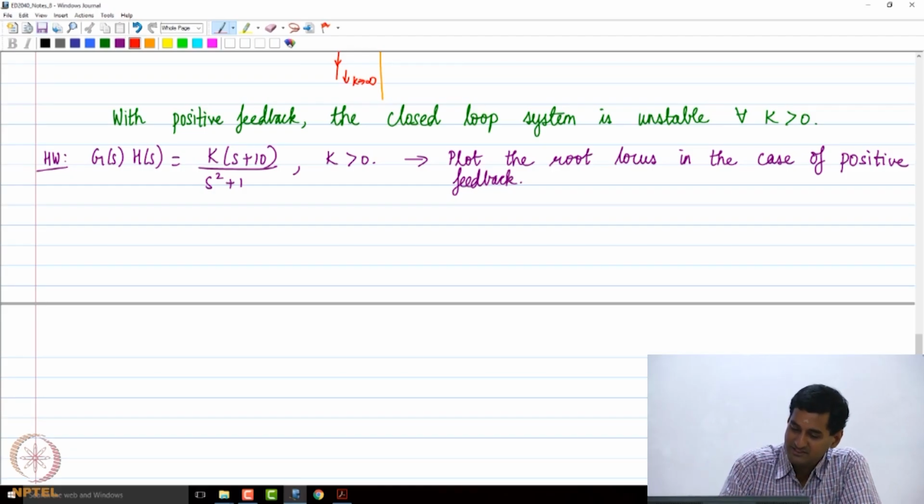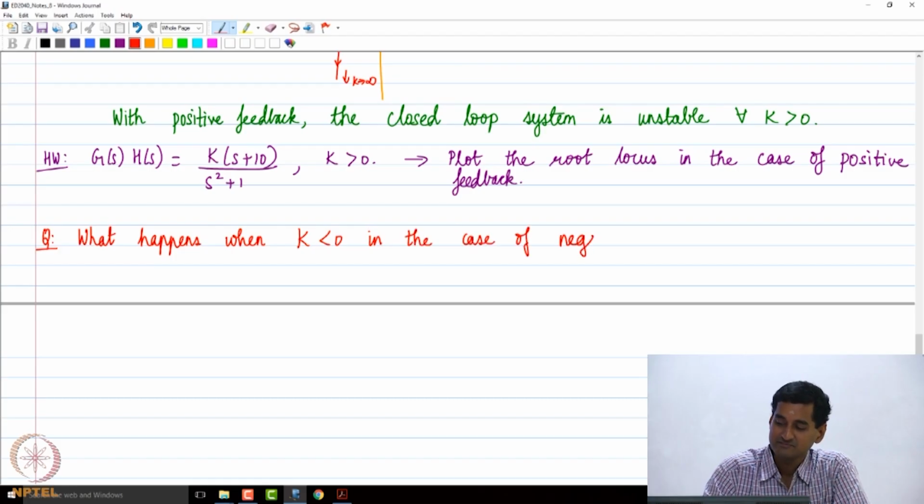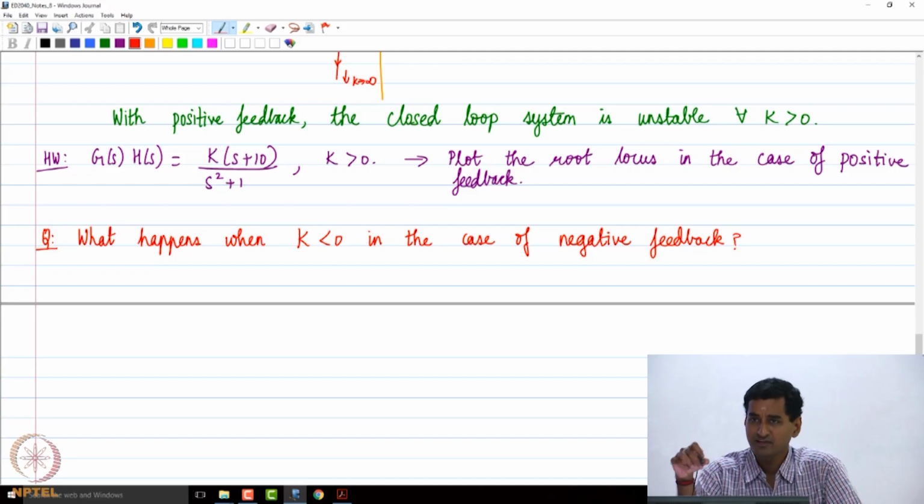So the question that we need to ask is what happens when K is negative, let's say first we consider negative feedback.